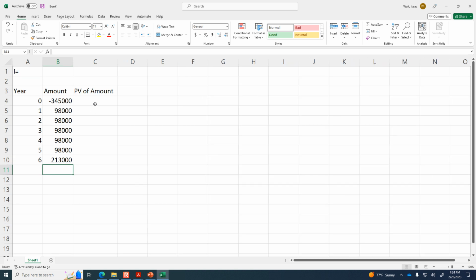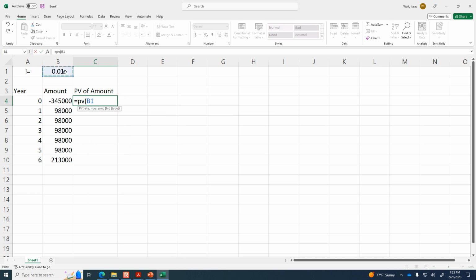And now we want to find the present value each year for some interest rate. We don't know what the internal rate of return is, so let's start with a guess of 1%. And we're going to be constantly changing that later. But for now, just starting with a guess, PV of this interest rate, anchoring the reference there so that we can drag the formula down. So we have to have those dollar signs. Here, N will be the year that we're in since it's annual periods and we're taking it to the present. Double comma because we want to skip over the PMT.